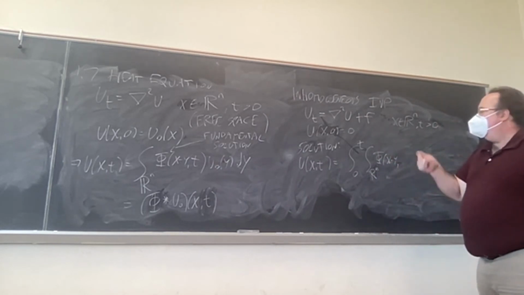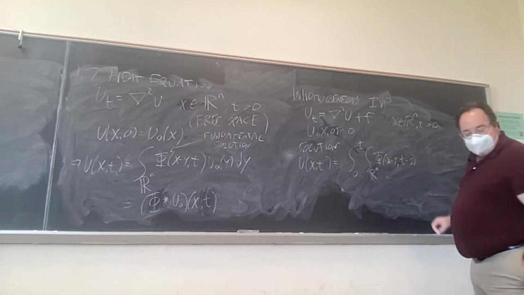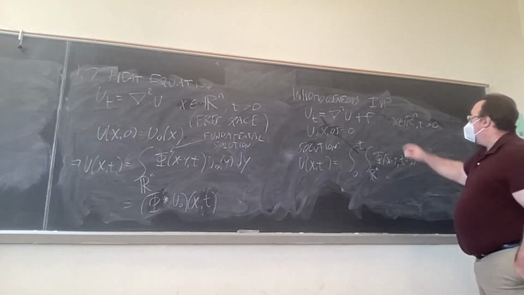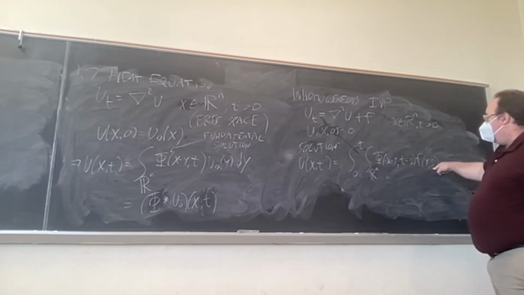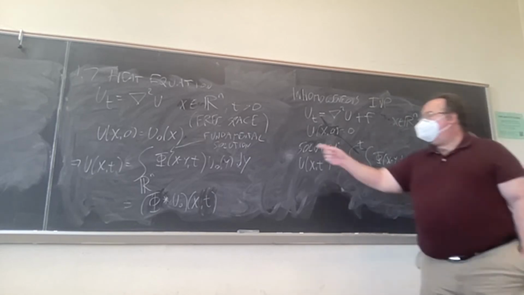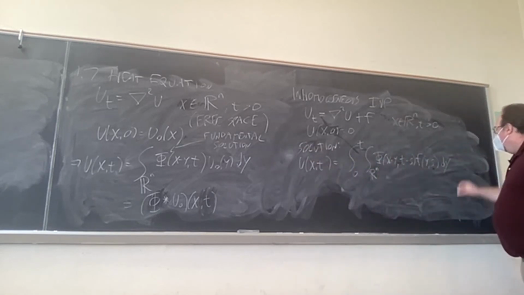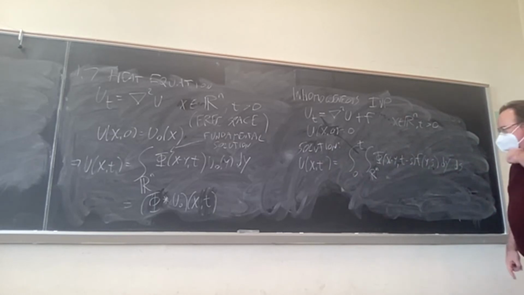But instead of t, we have t minus s, and then the source term evaluated at time s. Okay, and then we have dy for the integral over the spatial domain, just like here, and then ds for the integral over time. All right.